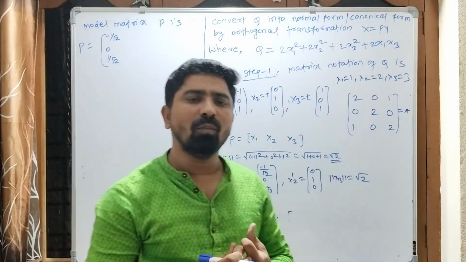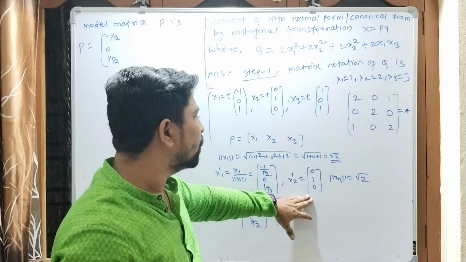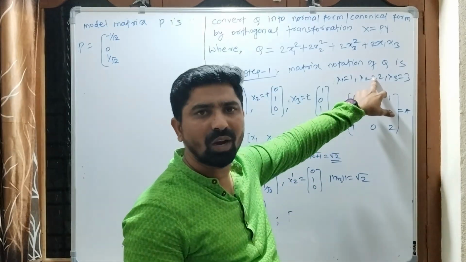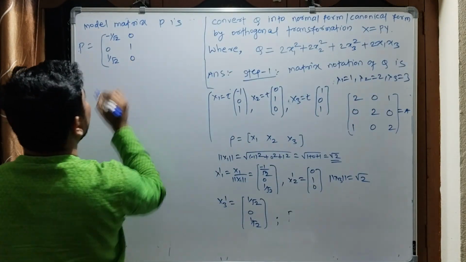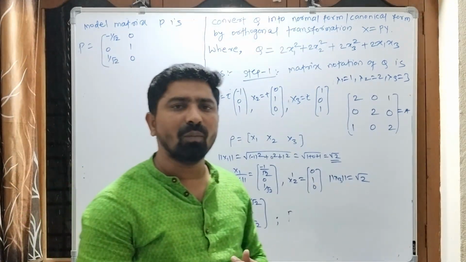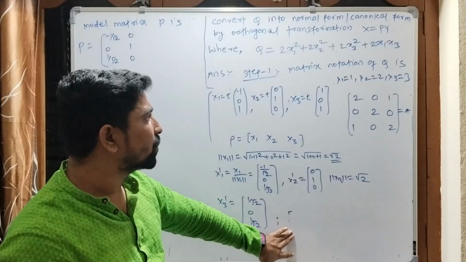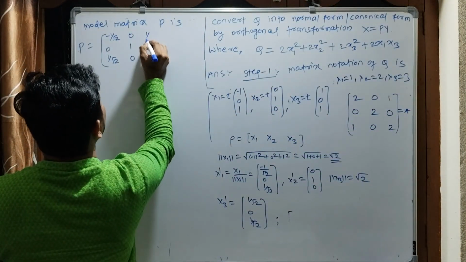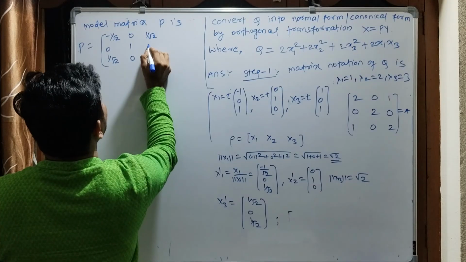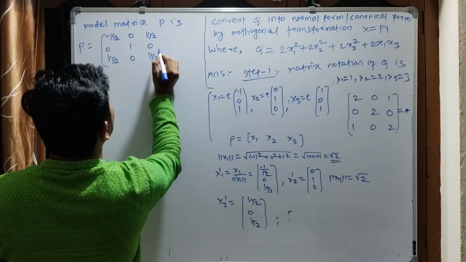The second column of my model matrix P is the second normalized eigenvector x2 dash, which corresponds to lambda 2 equal to 2, therefore 0 1 0. The third column is the eigenvector x3 dash, which corresponds to the eigenvalue lambda 3 equal to 3. So here 1 by root 2, 0, 1 by root 2.